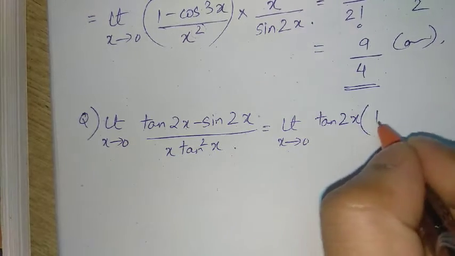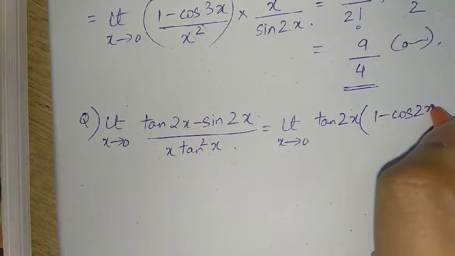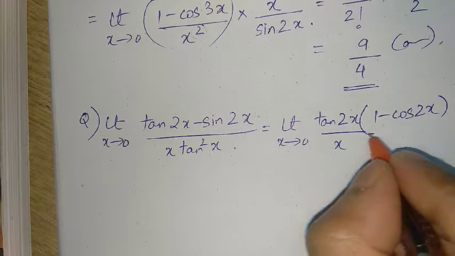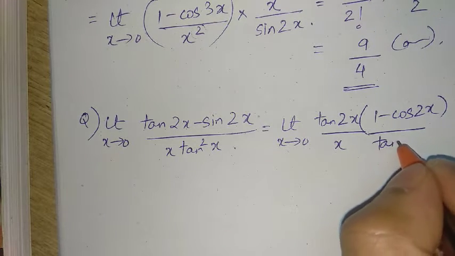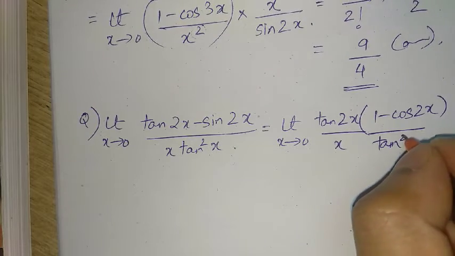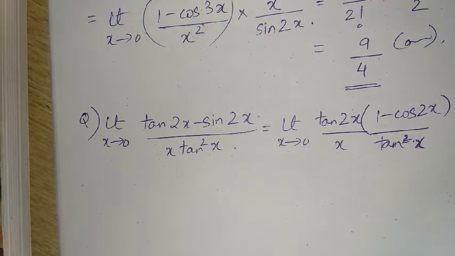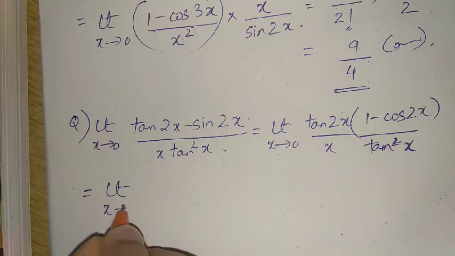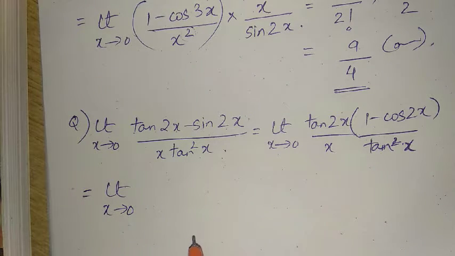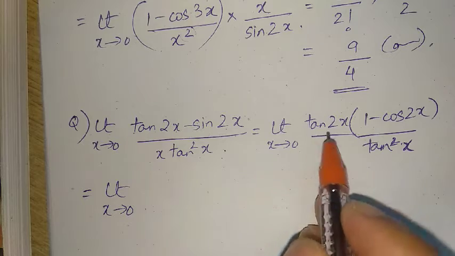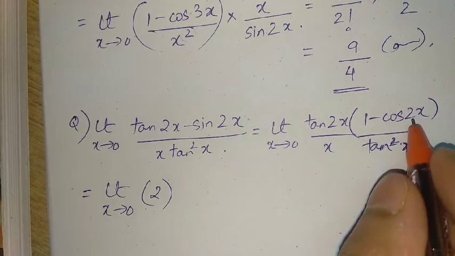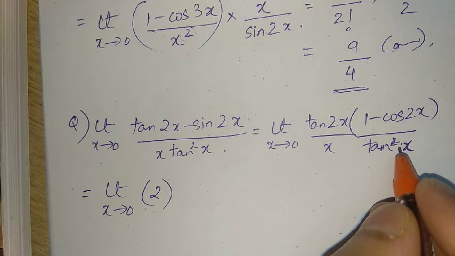So what we get is 1 minus cos 2x, and we will take x here and tan square x here. Why am I doing this? It is because of this step: since we have tan 2x by x, limit x tends to 0, we know the answer will be 2.